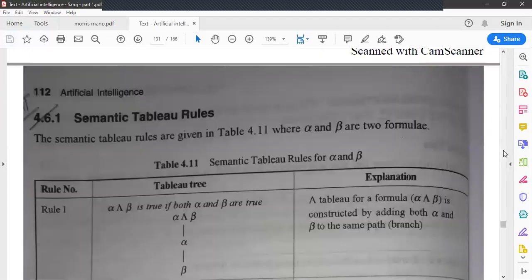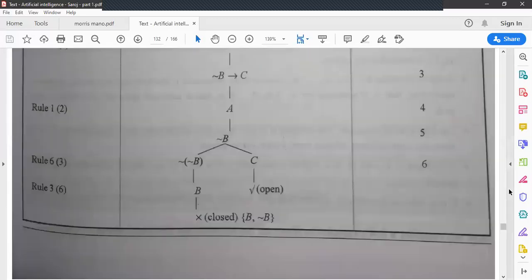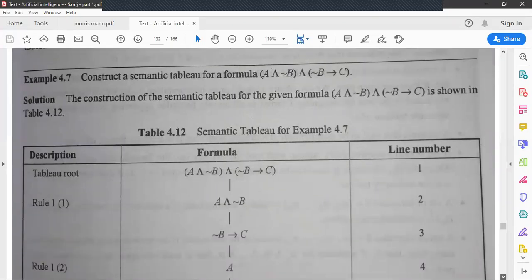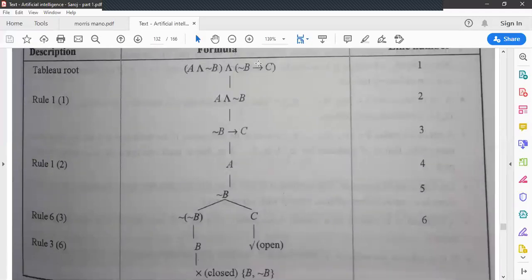If you apply rule number 1 on alpha and beta, if you consider the first subformula as alpha and the second subformula as beta, then you can express this formula in this manner, where the root formula has been put up in the form of branches, where you have alpha as the first branch and beta as the second.